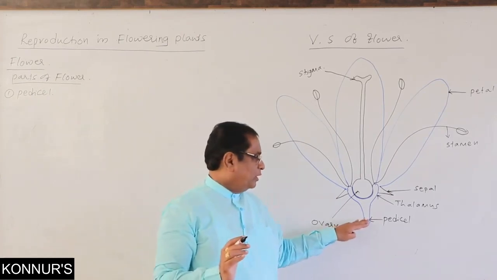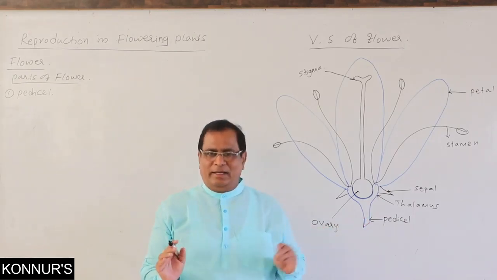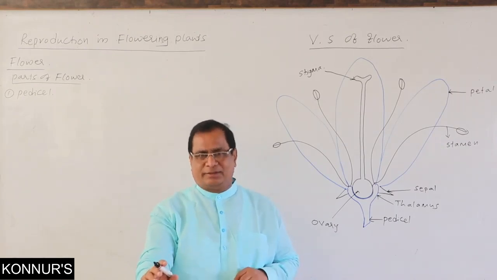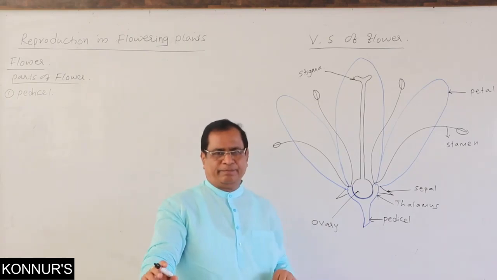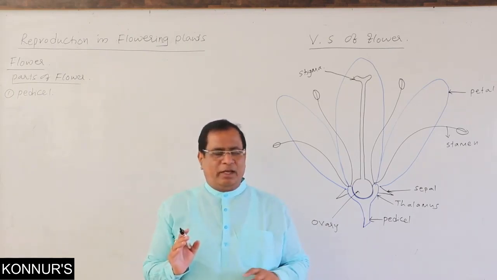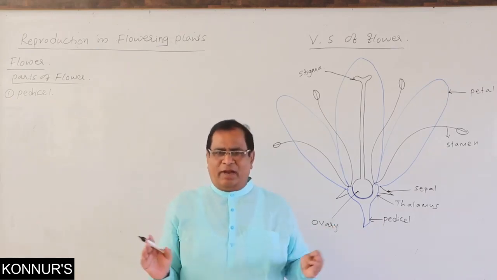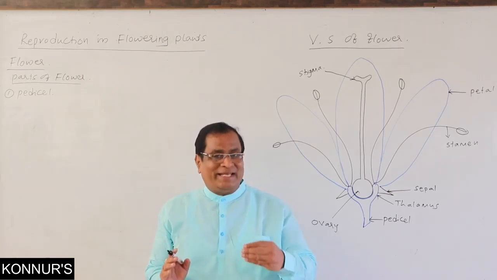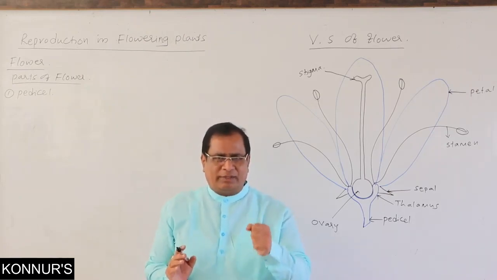If no pedicel, they are sessile or non-pedicellate. Most of the flowers do have pedicel. If pedicel is absent, then they are said to be sessile flowers or non-pedicellate flowers. It is a stalk of the flower.